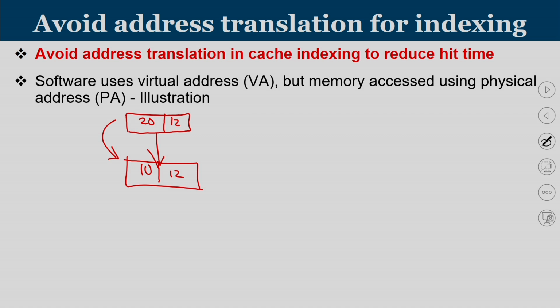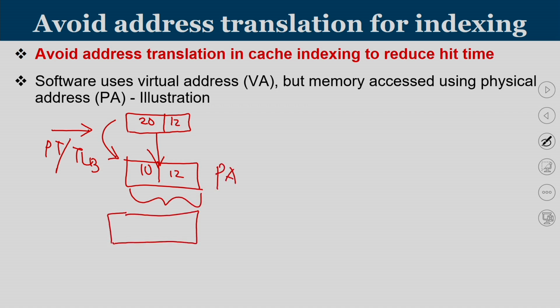This translation from the 20-bit page number into a 10-bit frame number is taken care of by your page table or TLB. So this is your physical address, and only if you get the physical address can you divide it into tag, index and offset.